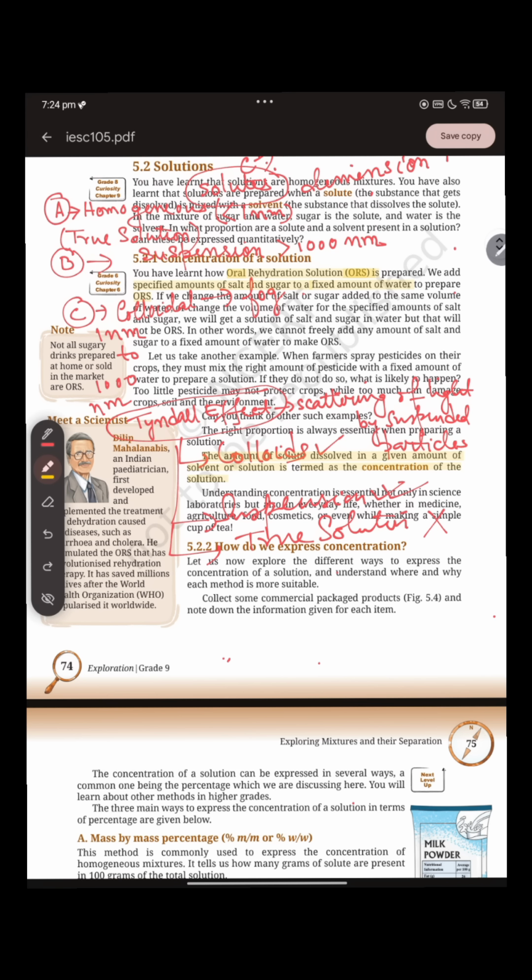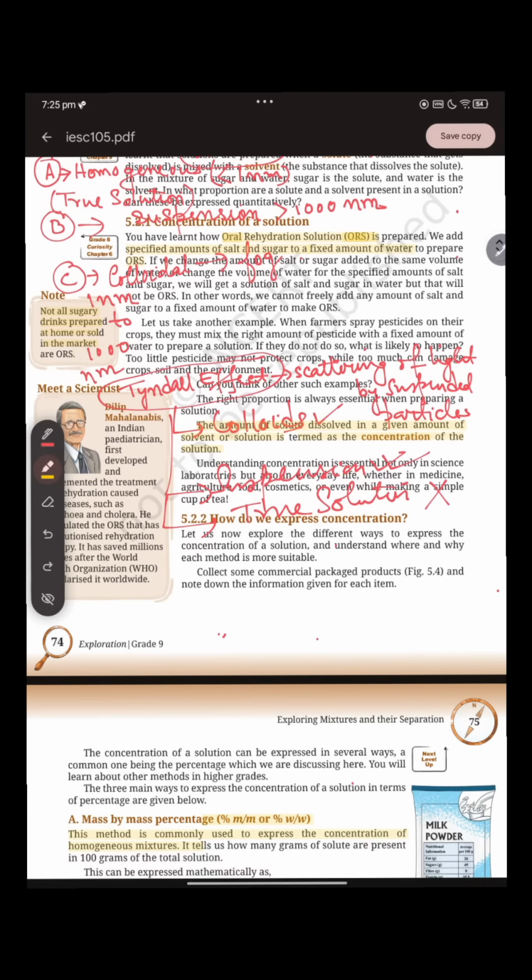Oral rehydration solution has a fixed ratio, a fixed measurement. Not all sugary drinks prepared at home or in the market are ORS, right? If you change the volume of the water, or the amount of salt and sugar, it will not remain ORS.